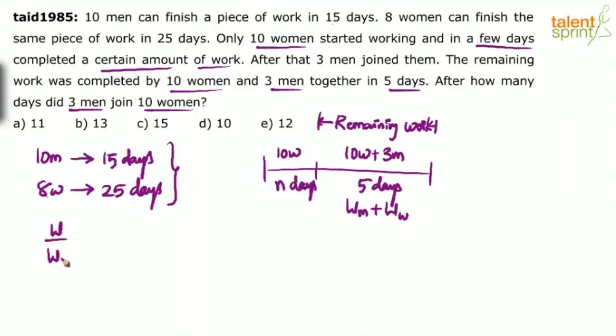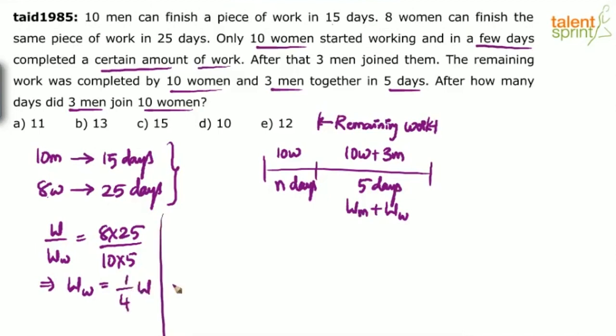So W_W, how do you calculate? 8 into 25 divided by 10 into 5. So how much will that be? 8 into 25 is 200, this is 50. So they'll do 1/4 of the work. Are you able to follow? Why? Right, 50 by 200 is 1/4 of the work.